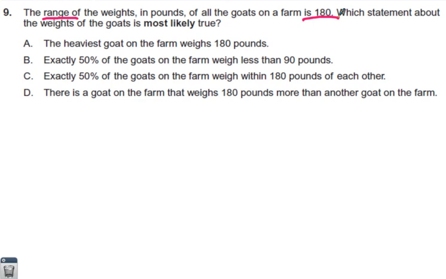So option A, the heaviest goat on the farm weighs 180 pounds. Not necessarily. Option B, exactly 50% of the goats on the farm weigh less than 90 pounds.